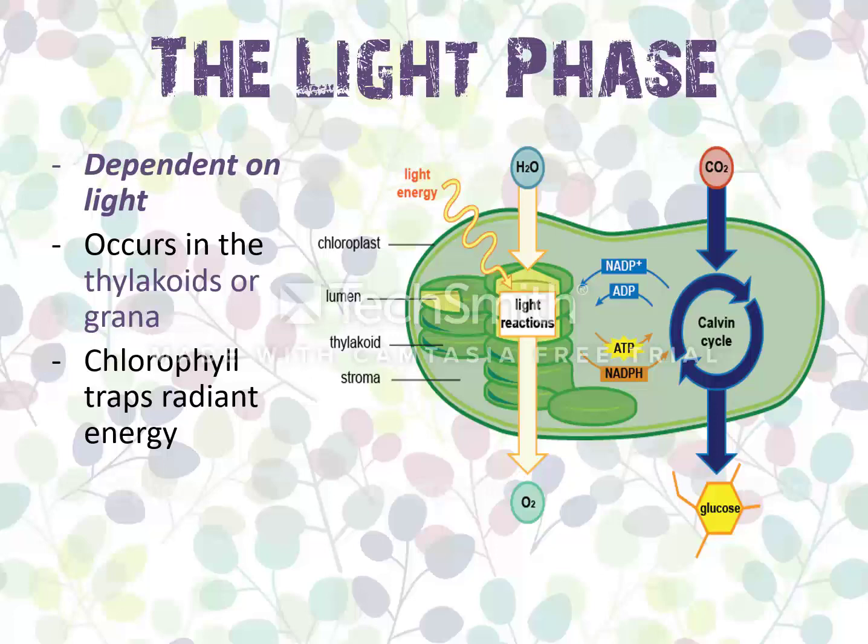We've already spoken about this: chloroplasts have grana, inside the grana is chlorophyll, and the chlorophyll traps radiant energy. So that's the first step of the light phase. While I'm teaching this, perhaps you should make a little bullet point for yourself: chlorophyll traps radiant energy.